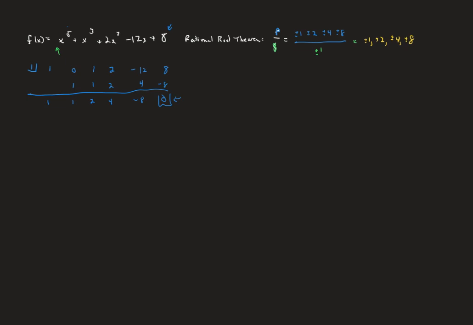I wouldn't go on to the next one yet, but building off what we just did, I would try that same 0 a second time. Because remember, it might have multiplicity 2 or 3 or something greater, and so it might be a 0 again. So if I do that, we're going to go 1, 1, 2, 2, 4, 4, 8, 8, and sure enough, it is a 0 again.